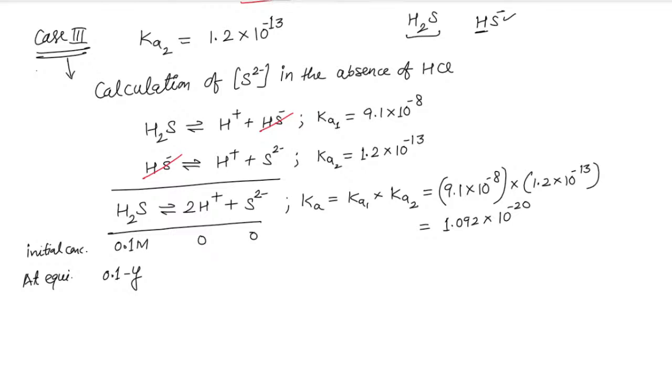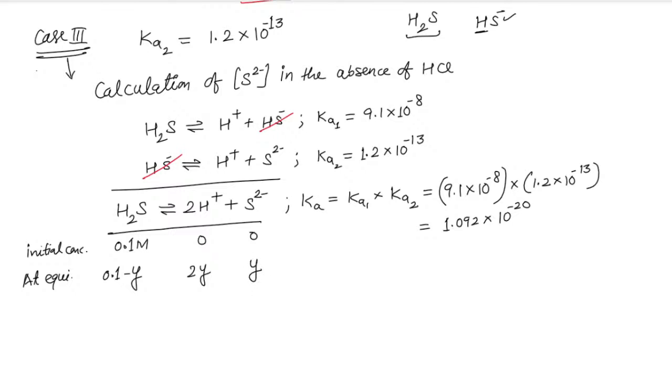So 0.1 minus Y. If 1 mole of H2S is ionized, we get 2 moles of H plus. So if Y moles are ionized, we get 2Y moles of H plus and Y moles of S2 negative.